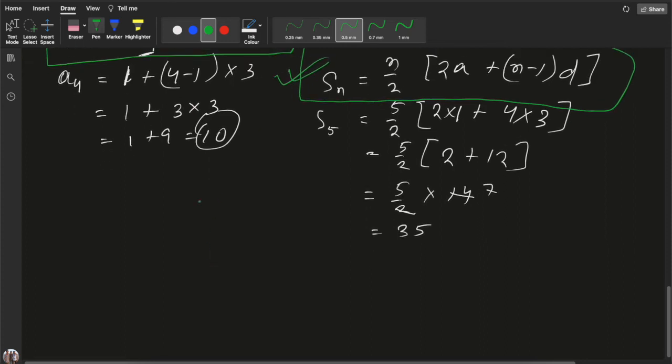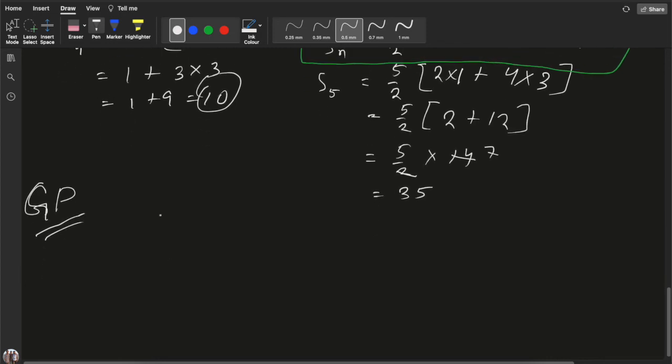Let's jump to another formula, that is geometric progression, GP. It is called GP, geometric progression. Geometric progression is basically a series of numbers which are incremented with a multiple of, or divided by, the same number.